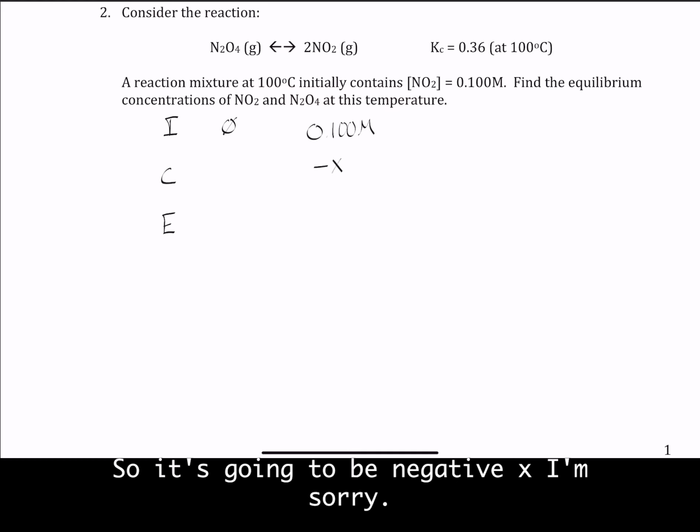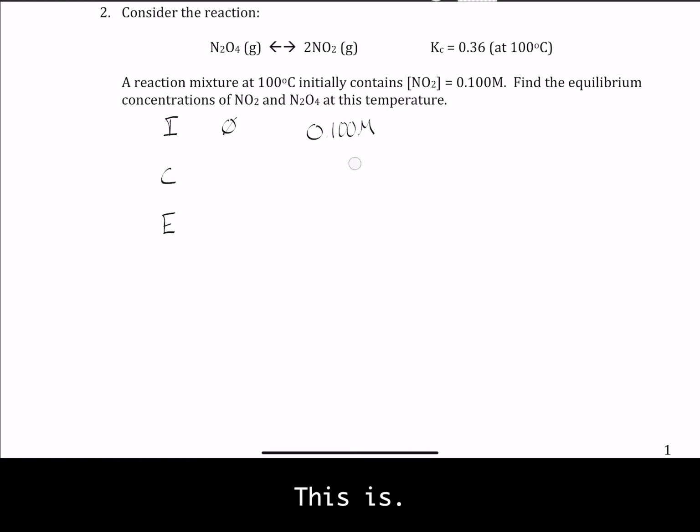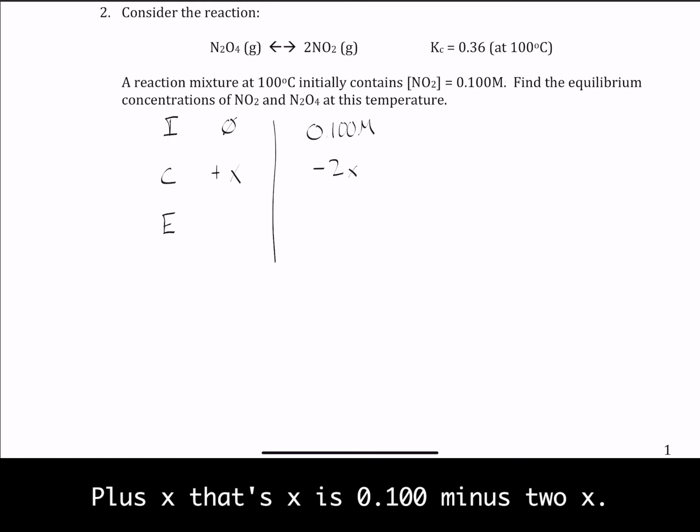So it's going to be negative x, or sorry, this is minus 2x plus x, that's x, and this is 0.100 minus 2x.